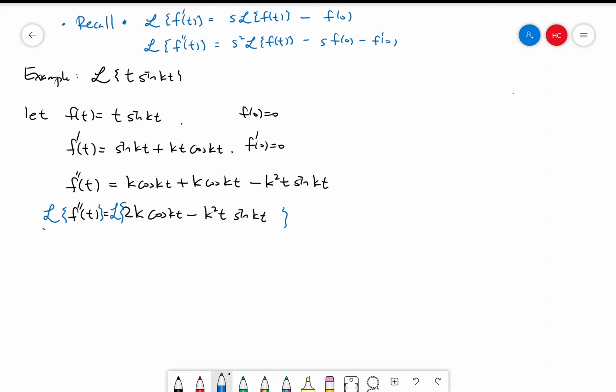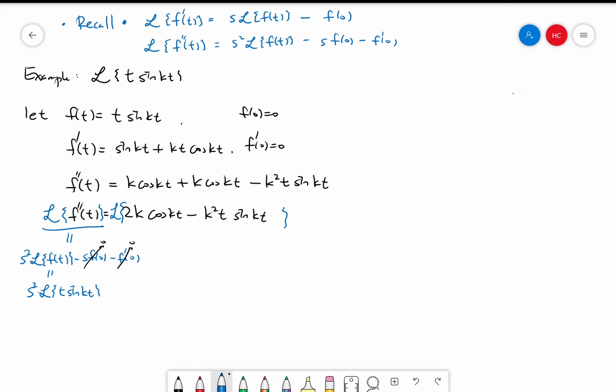The left-hand side, according to the theorem, is equal to s squared times the Laplace transform of f of t minus s times f of 0 minus f prime of 0. But we know these are both 0, so we don't have to worry about them. So this is equal to s squared times the Laplace transform of f of t, which is t times sine of kt.